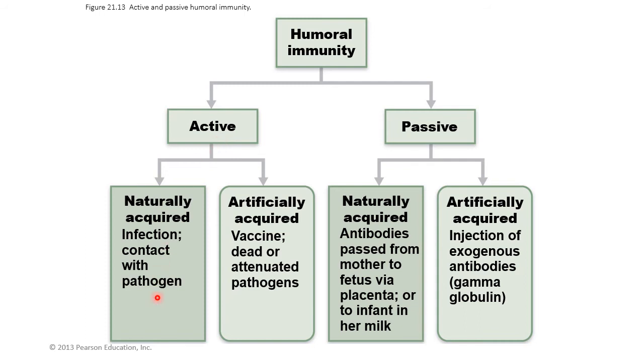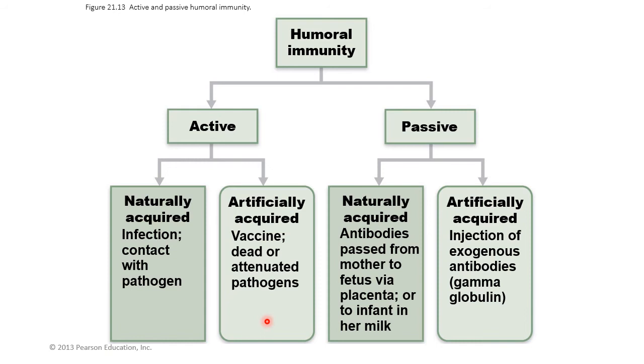There are two ways that you can develop active immunity. It can be naturally acquired by actually getting the infection, getting the flu, developing the antibodies, and then having protection that way. Or it can be artificial, where you get an attenuated, which is a weakened or dead, version of the pathogen introduced through a vaccination.